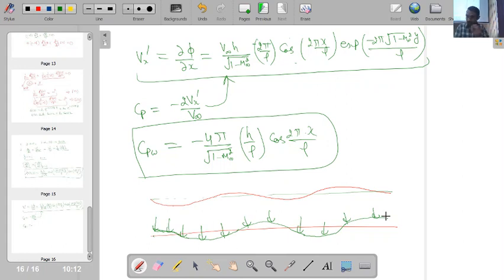Now let's see what the effect of Mach number is on this.